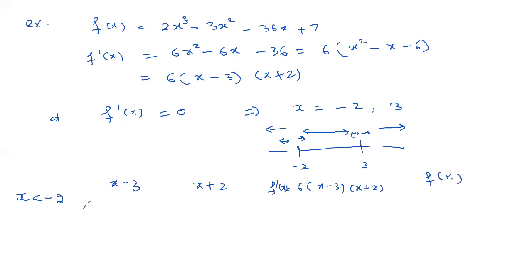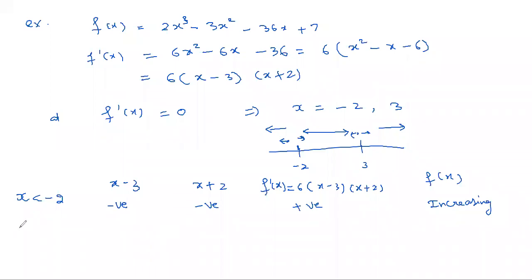When x is less than minus 2, x minus 3 is negative. Exactly, x minus 3 is negative for all values of x less than 3, so it is negative here. X plus 2 is also negative for any value less than minus 2, and the product of two negative numbers is positive. Because the derivative is positive, the function is increasing in this interval.